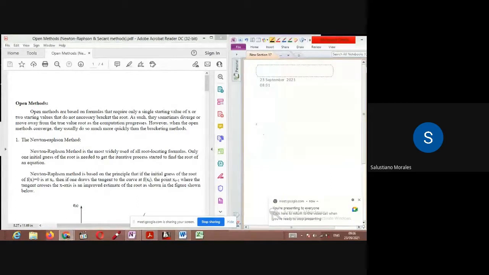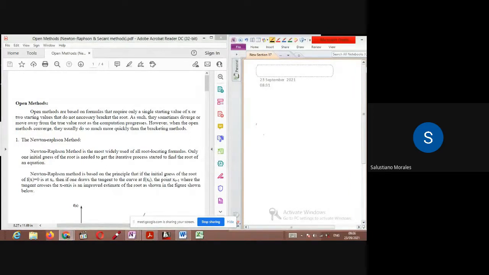So we already finished the bracketing method. We discussed three methods there: the incremental search method, the bisection method, and the false position method, or the regula falsi method.